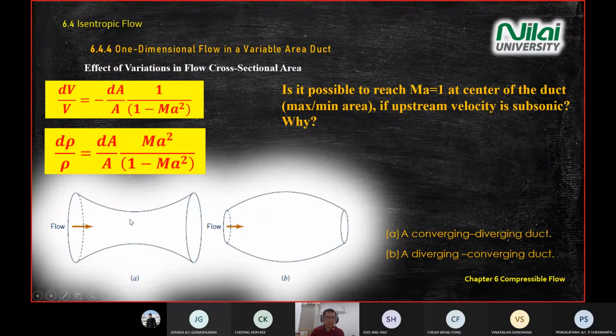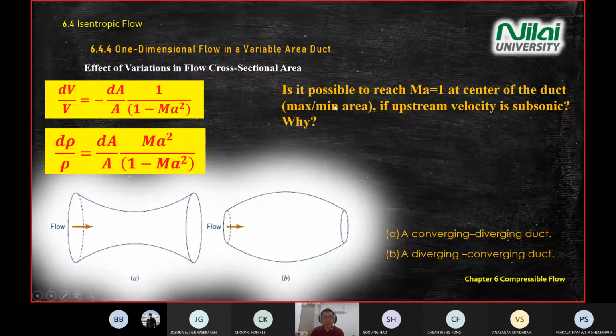If you have this configuration, a CD duct or converging diverging duct, this is called a converging diverging duct. On the left, this is a diverging converging duct, if you see the label here. So the central area here can be maximum if it's a diverging converging duct, and minimum if it is a converging diverging duct.